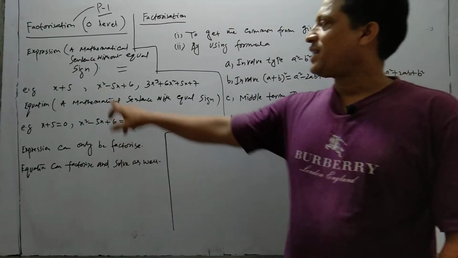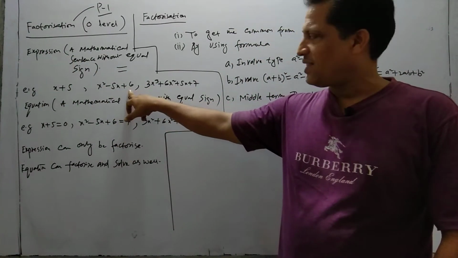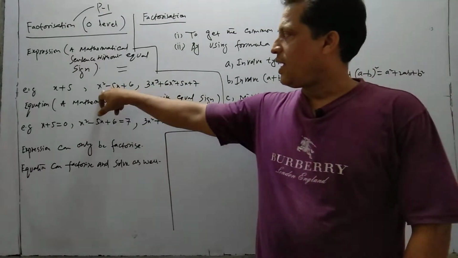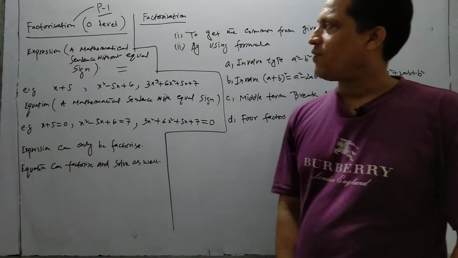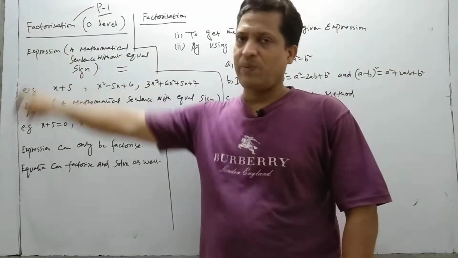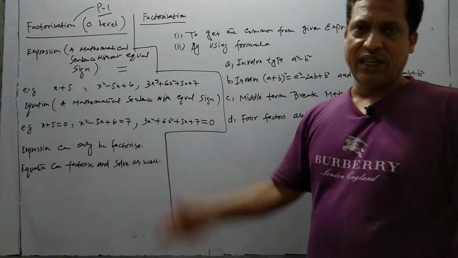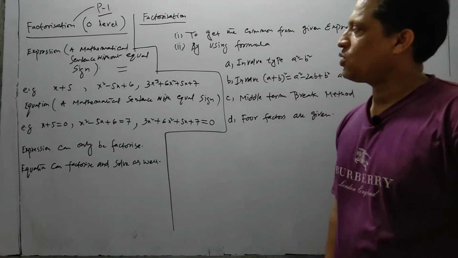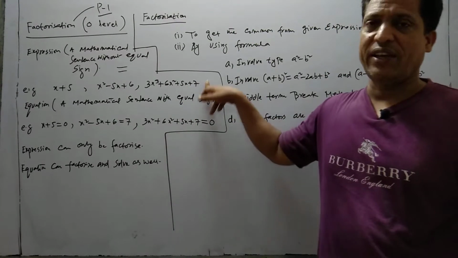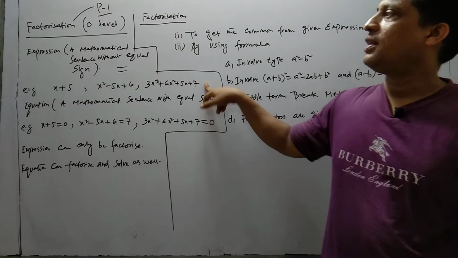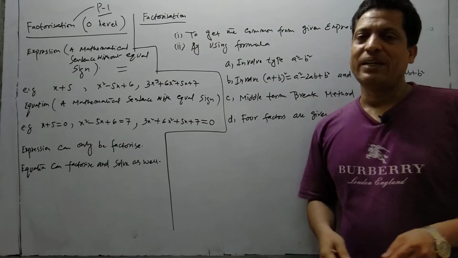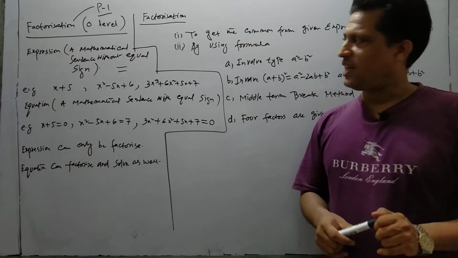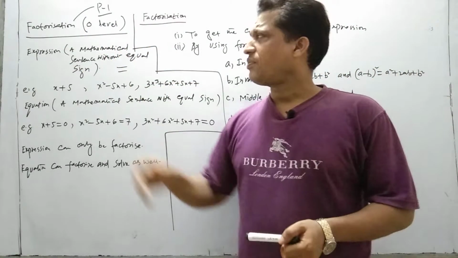Another example is x square minus 5x plus 6. Again, this sentence is without an equal sign, so this is an expression. And the third example is 3x cube plus 6x square plus 5x plus 7 without an equal sign, so you call this an expression. So what is an expression? A mathematical sentence without an equal sign is called an expression.